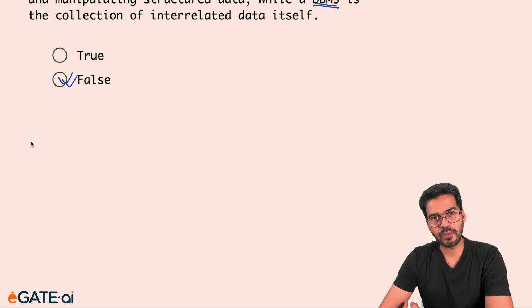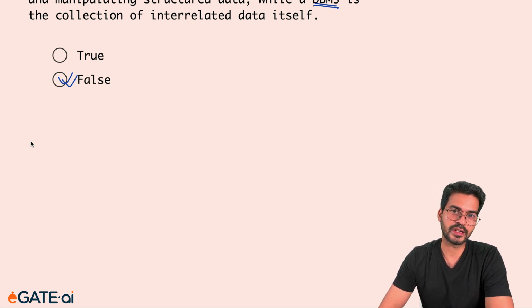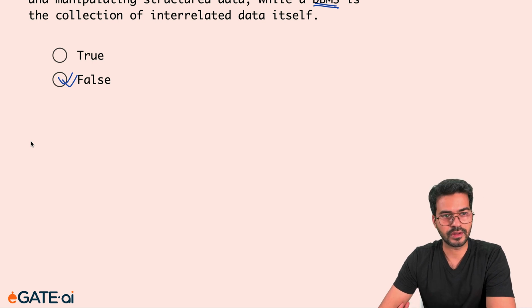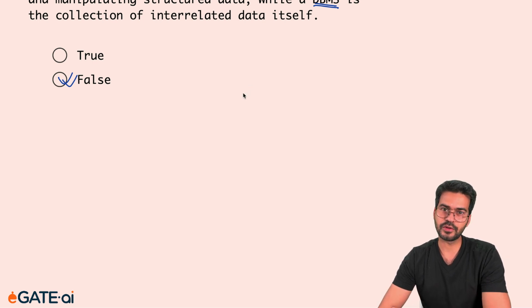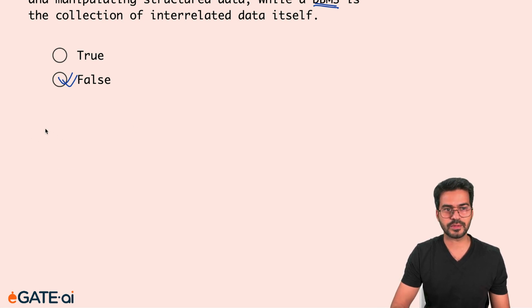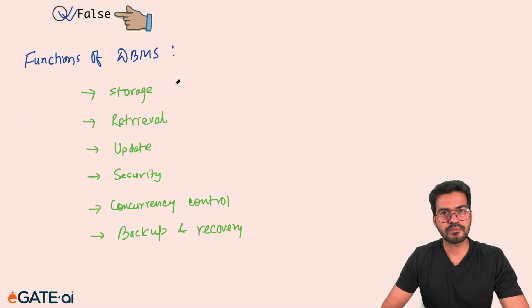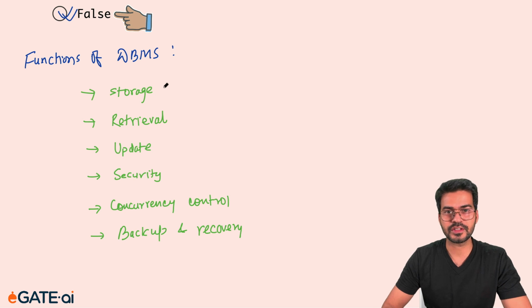Now there are some common functions of database management systems, and I'll just write them down for the sake of completion, but we are going to learn about everything in detail. So let us write down the functions of a database management system. These are some major and obvious functions, because you'd like your database management system to help in storage, right?